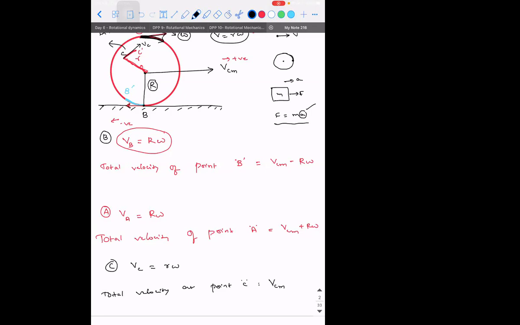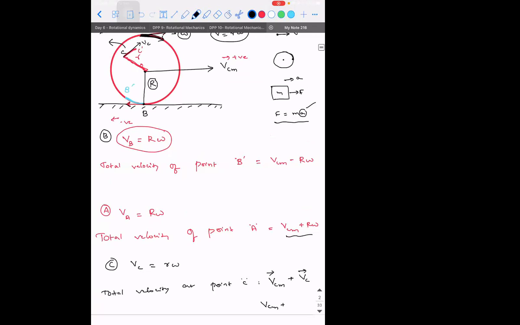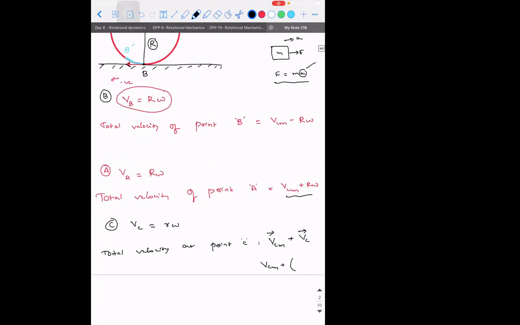Instead of writing it as a scalar quantity, as I did here, I'm writing it as VCM vector plus VC vector. Does it make sense? The magnitude of the VC vector will be the square root of VC along x direction square plus VC along y direction square. Correct?